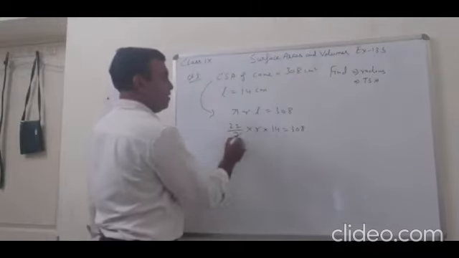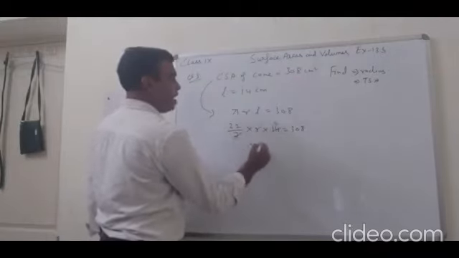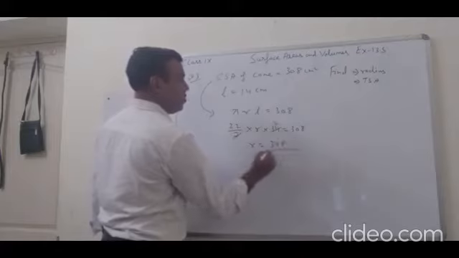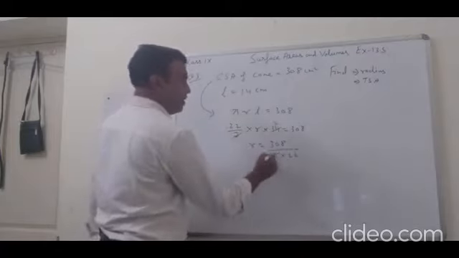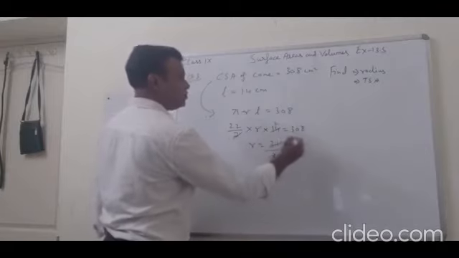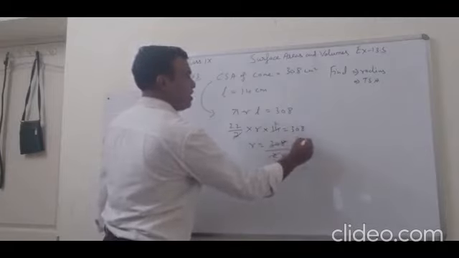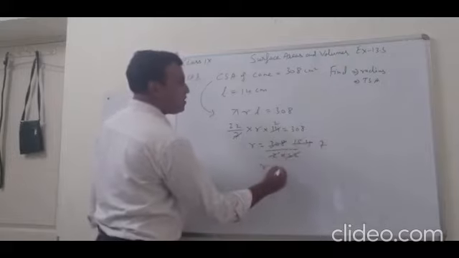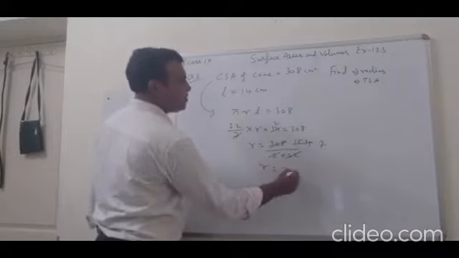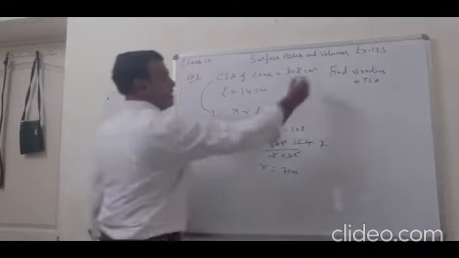Now, it will cut. So r is equal to 308 upon 2 into 22. Now, it will cut with 2: 2 1s are 2, 2 5s are 10, 2 4s are 8, 22 into 7 is 154. So r is equal to 7 centimeter. This is the radius we had to find.